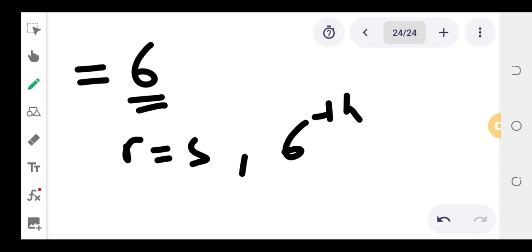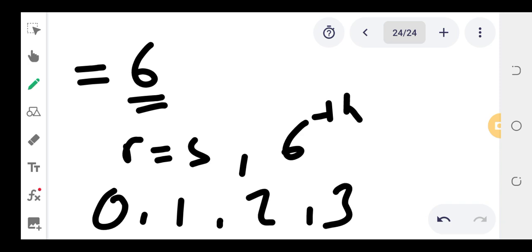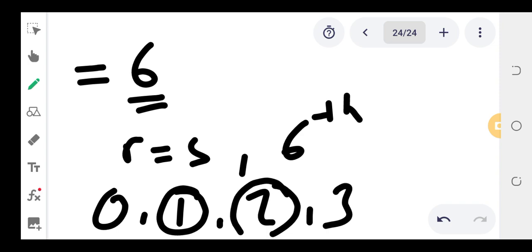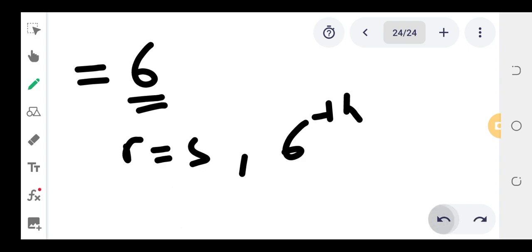Because mind you, binomial will start from 0, 1, 2, 3. So whenever I've got the value of r equal to 1, then I'm talking about the second term. Whenever I've got the value of r equal to 2, I'm talking about the third term, and so forth.